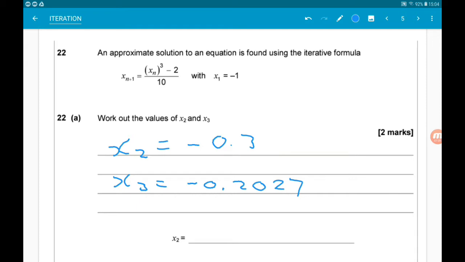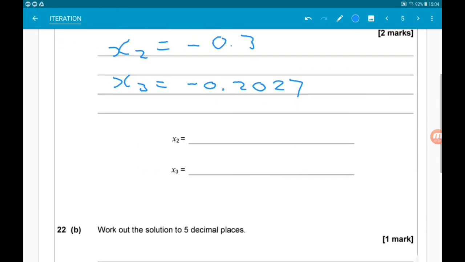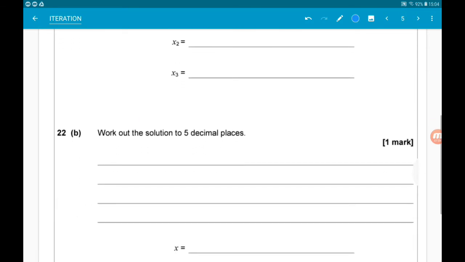Cool. And then part B wants us to work out the solution to 5 decimal places. So, when they ask something like this, just keep pressing equals until your calculator shows you the same thing every single time.